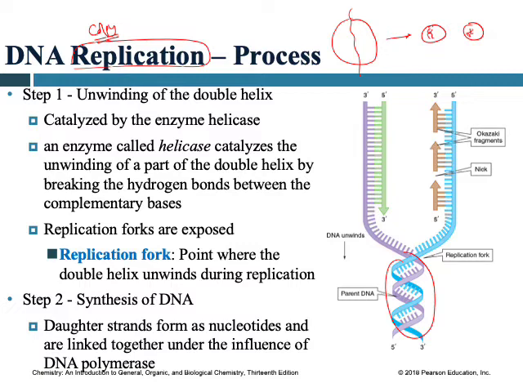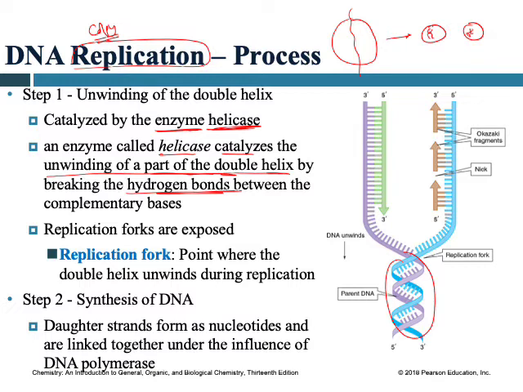This function is done by an enzyme called helicase. So this helicase catalyzes the unwinding of the double helix DNA by breaking the hydrogen bonds. We know the bases are attached together through hydrogen bonds, and because of these hydrogen bonds, the double helix structure is possible for the DNA. So helicase normally opens it up by breaking all the hydrogen bonds between the bases.